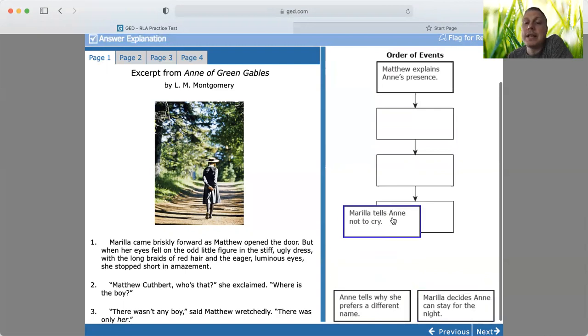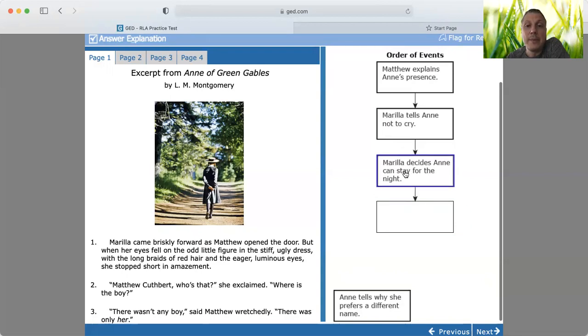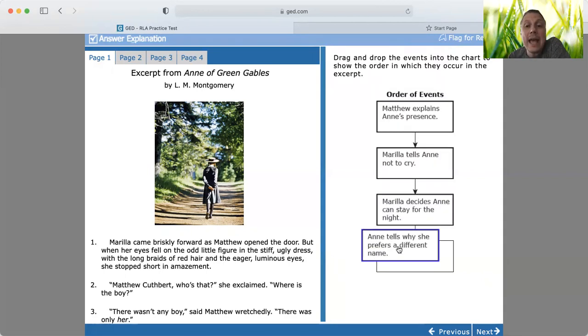So once the explanation is occurring, Annie becomes very upset. She says that it's the worst day of her life. And Marilla tells her not to cry. After that, Marilla decides to keep her there. They're not going to send her back in the night. And then our conclusive paragraph is when they actually are getting a little closer.